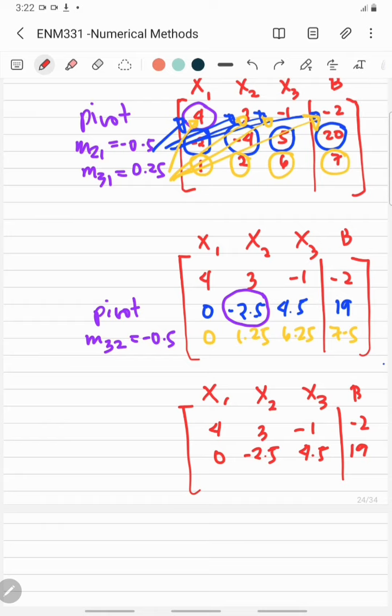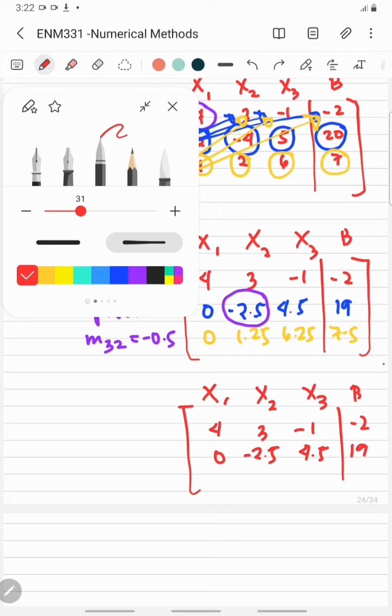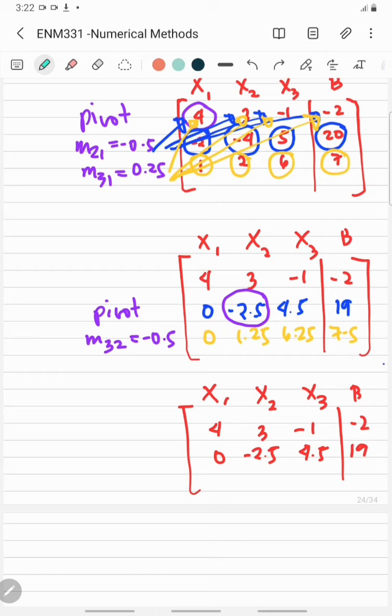So again, we have to subtract the elements of row 3 by the elements of row 2 multiplied by a factor. So we have here 0. Then for here, we have 1.25 minus negative 0.5 times negative 2.5.